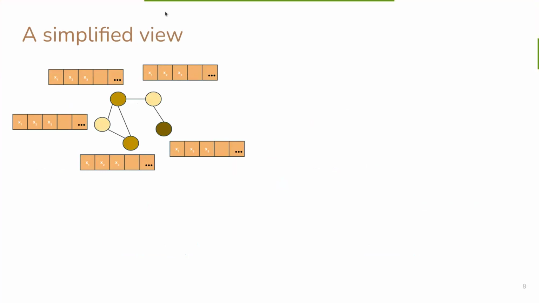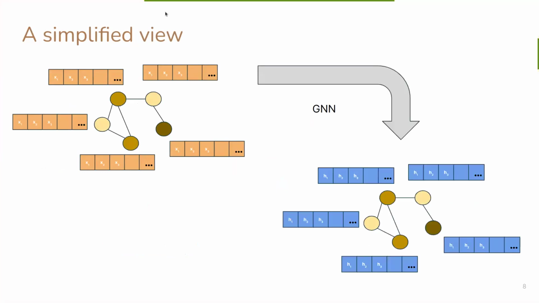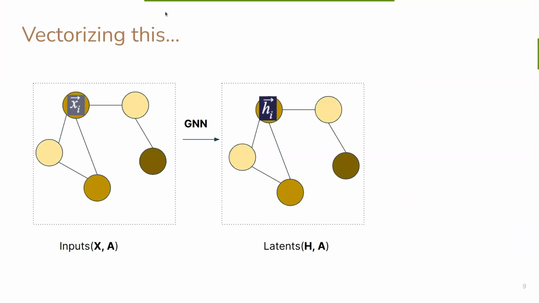So for every node in the graph neural network, our task is to move from some input embedding, let's say x1, x2, and get some other embedding, like h1, h2, h3, which indicates how a node interacts with its neighbors.